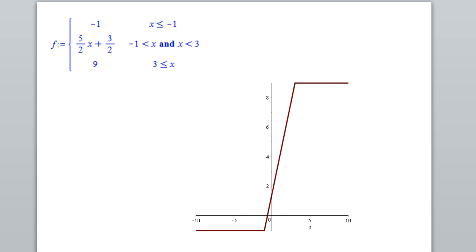And so the function is continuous everywhere, and we ensured that with those values of a and b, this center portion of the function will match up with the left and the right hand portion, and there will be no place where this function is discontinuous. And that concludes the problem. Great.